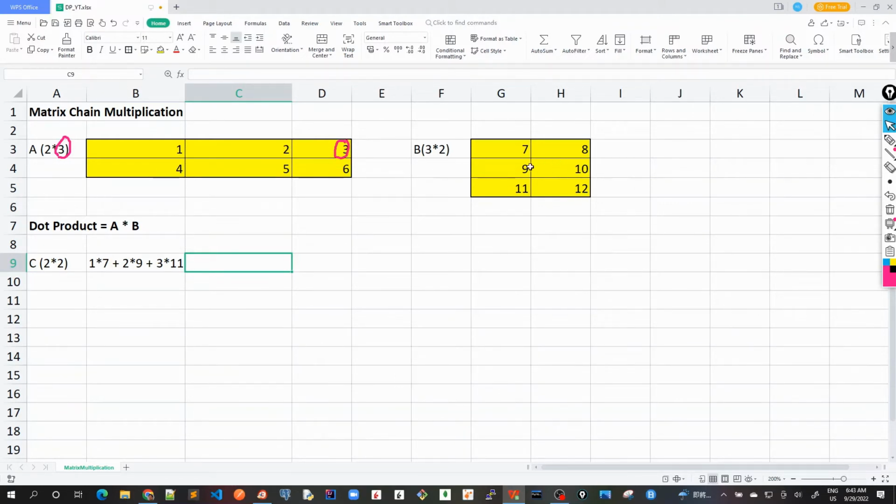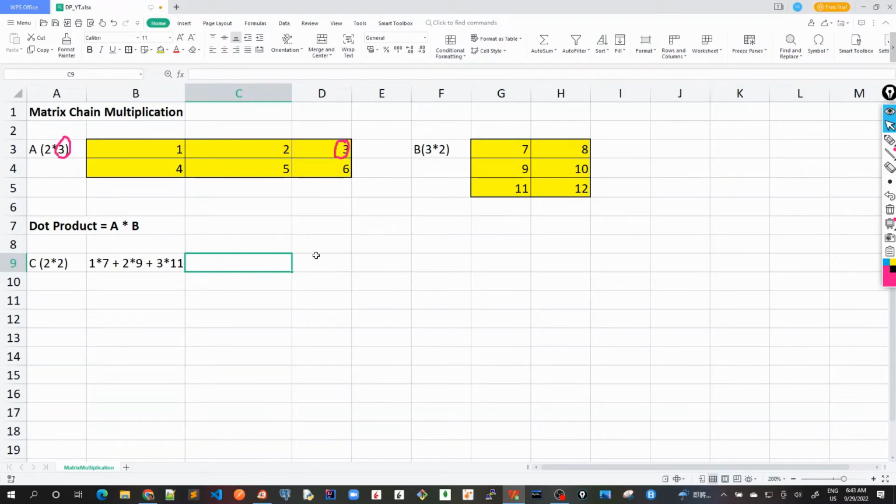We need to add all these products. That's why I mentioned that for the dot product, it's essential that the number of columns in the first matrix A should exactly match the number of rows in the second matrix B. Otherwise, we cannot end up with this formula.